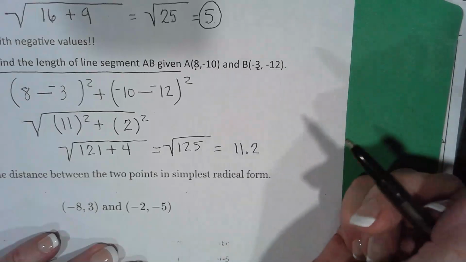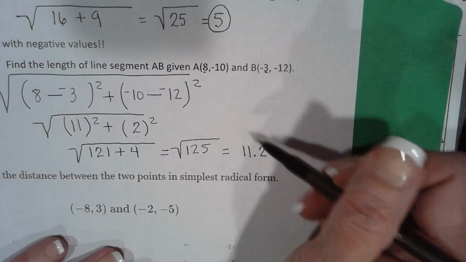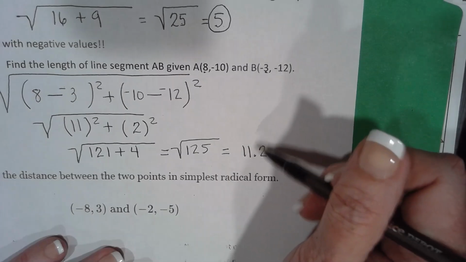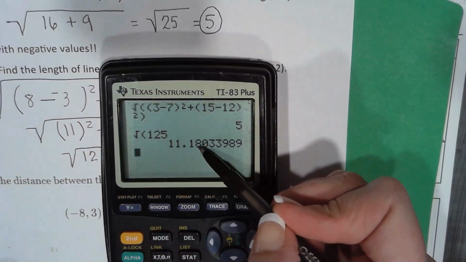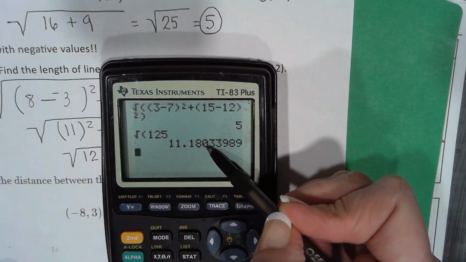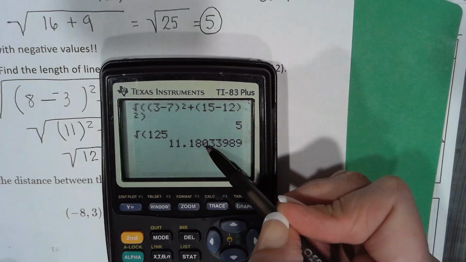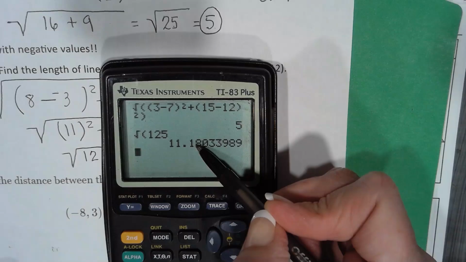You want to be very careful with Delta Math. Delta Math may ask you to round this to the nearest hundredth or something like that. If it says round to the nearest hundredth, then you would go 2 places here. And since this number is less than 5, then you would keep that 8.